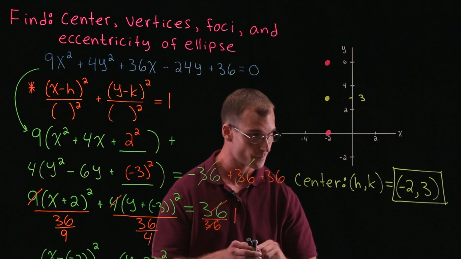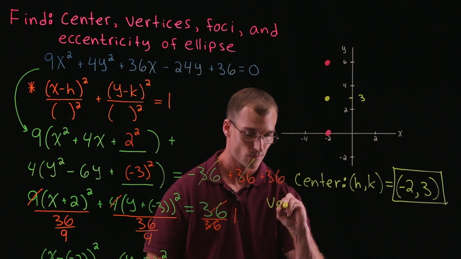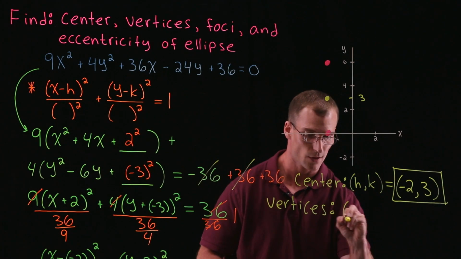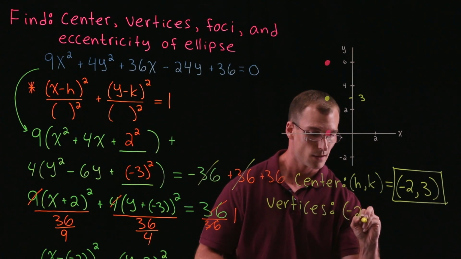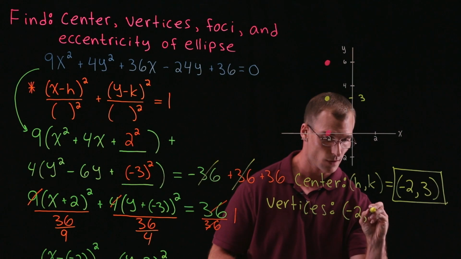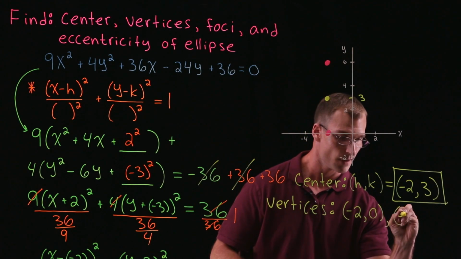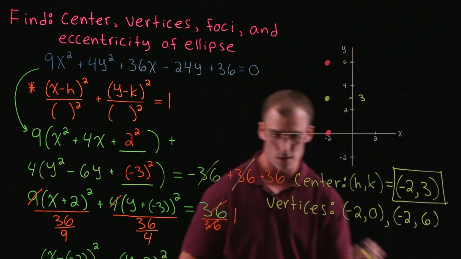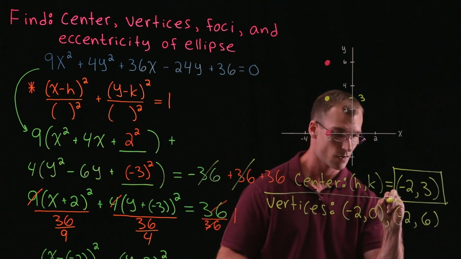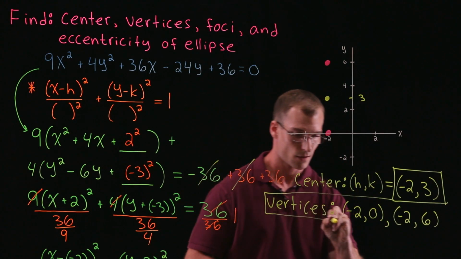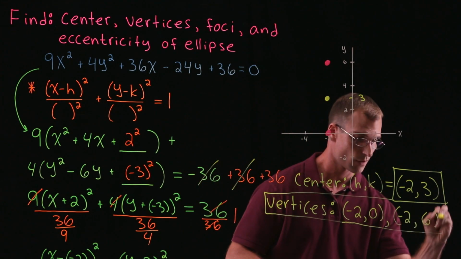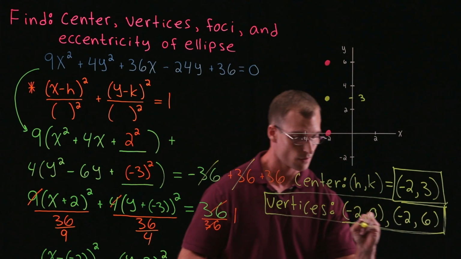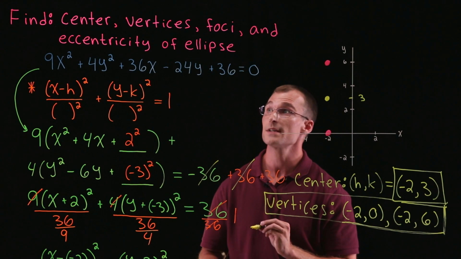So our vertices are going to be at negative 2, 0, and negative 2, 6, from what we have there.